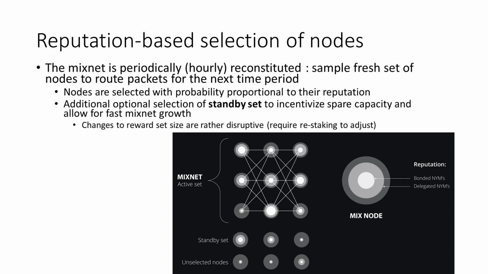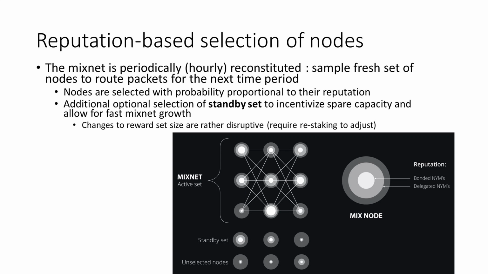But still, you might need to frequently upsize, grow, or diminish the number of nodes that are active in the network, depending on your usage. So you can use the standby set for that. I'm just going to make up some numbers now. Imagine we say we want to have 500 nodes rewarded so that we are able to grow to 500 nodes.